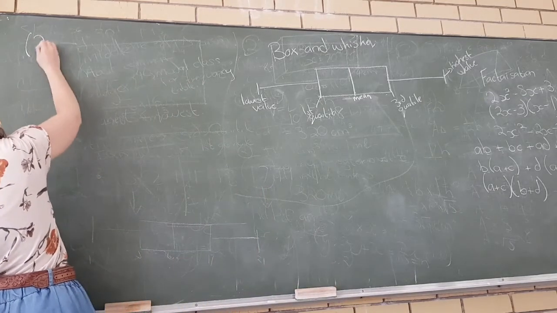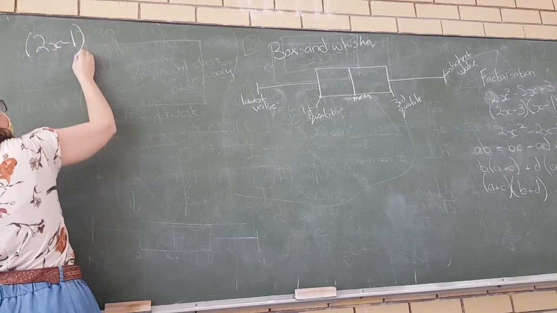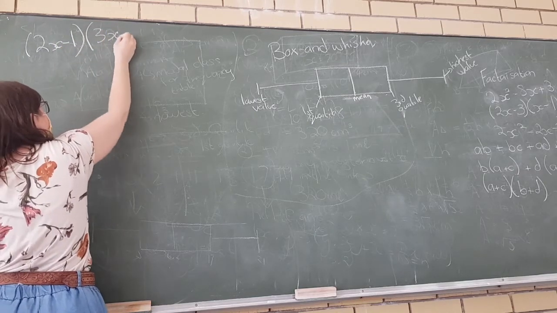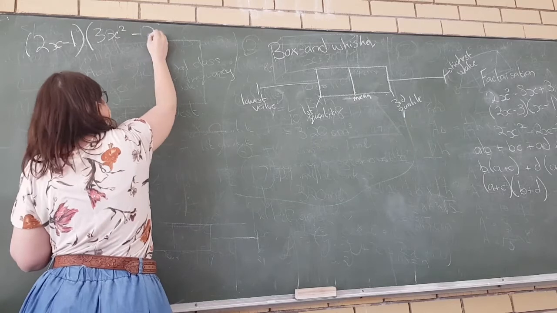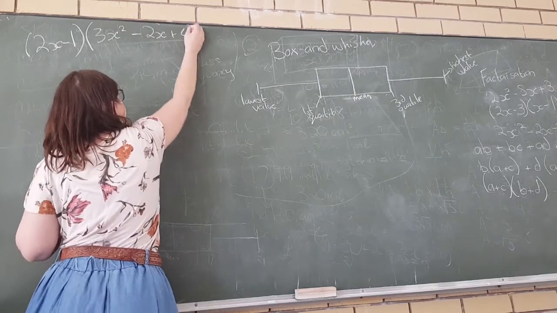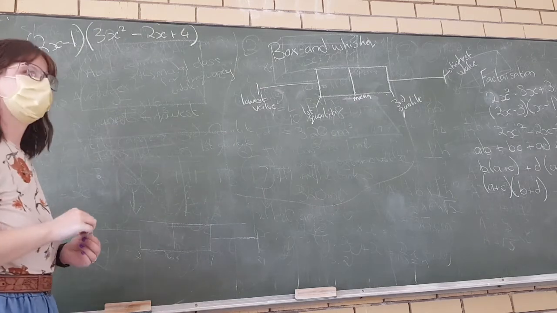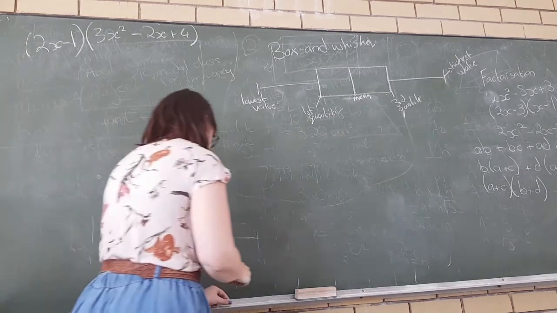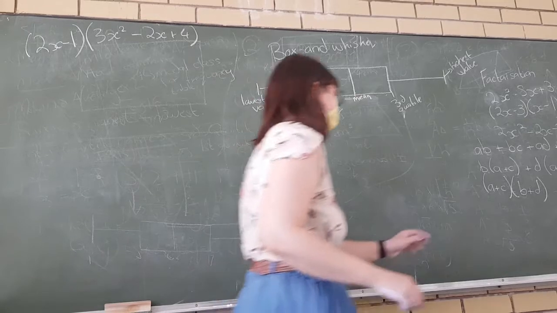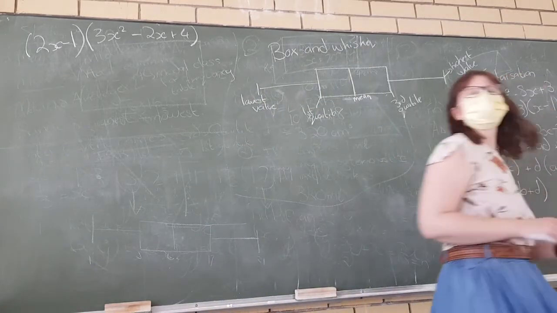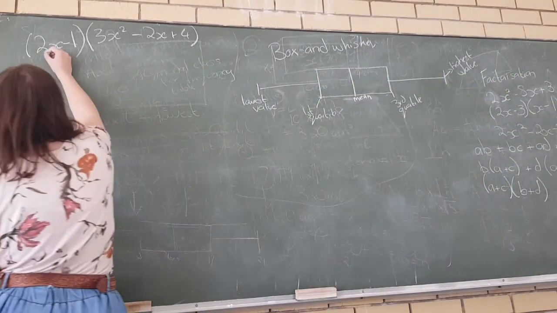So if I have 2x minus 1 times 3x squared minus 2x plus 4. Good start. Okay, so guys, I multiply the first one out.